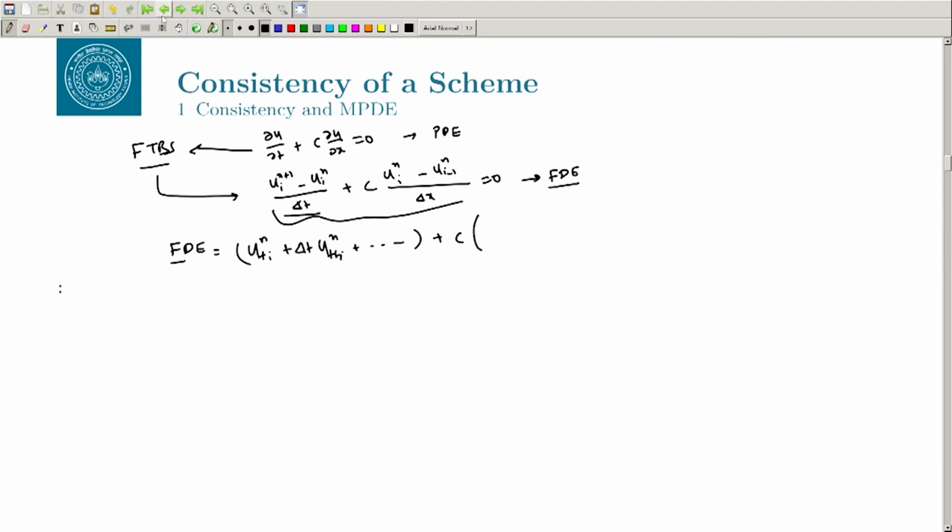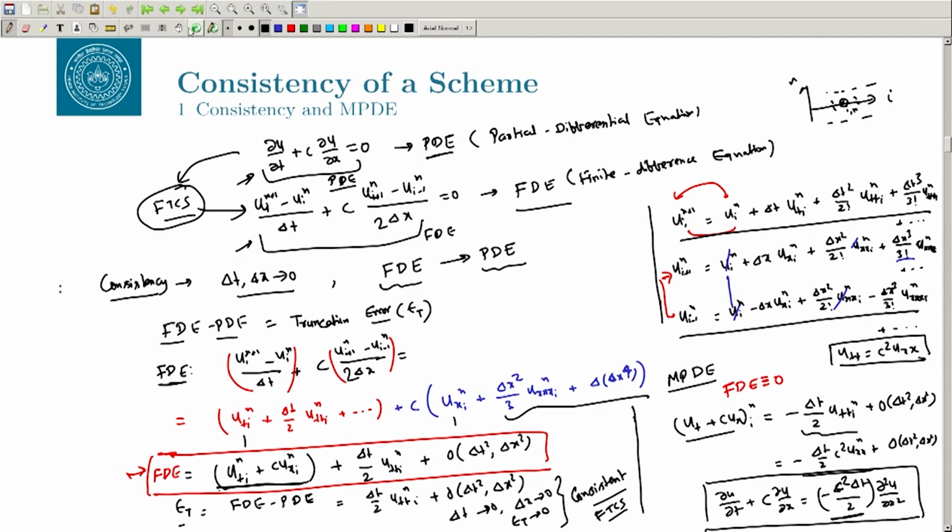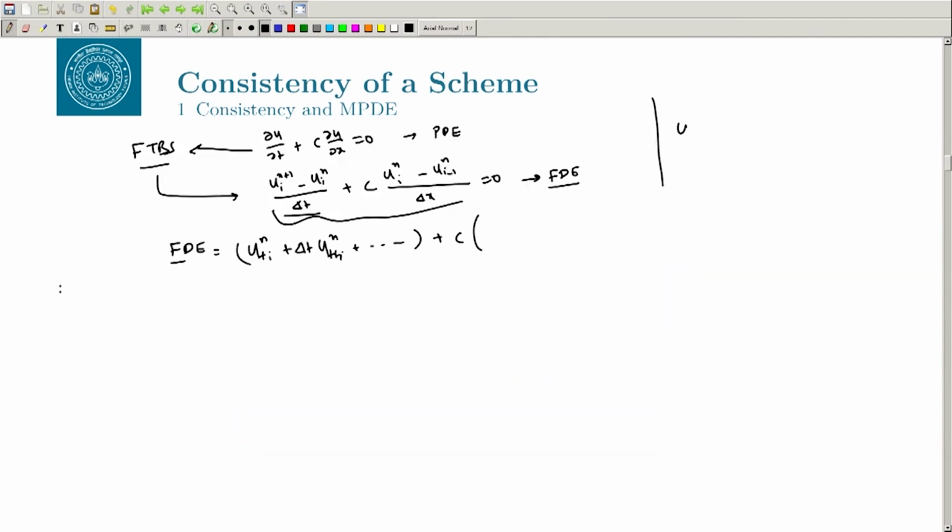So, all you need to do is, in this equation, let me write it here: u_(i-1)^n will be u_i^n minus delta x u_x at i n plus delta x square by factorial 2 u_xx at i n minus delta x cube by factorial 3 u_xxx at i n, right.